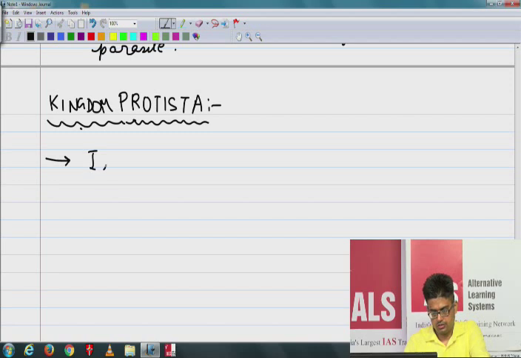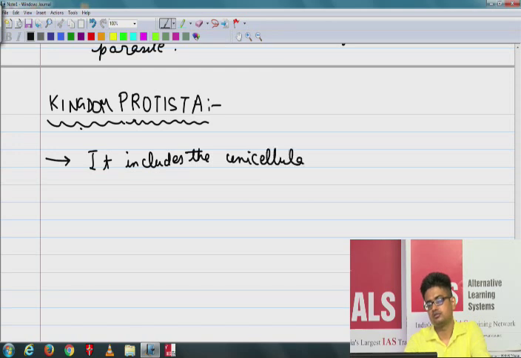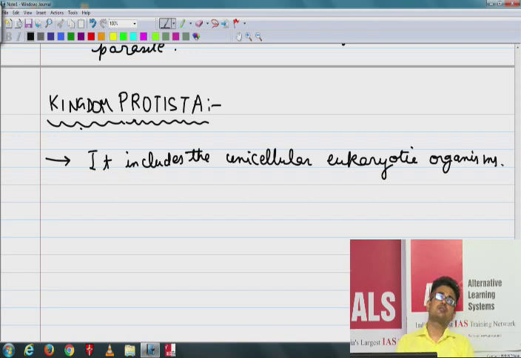Also, there is a problem with this kingdom. This kingdom includes organisms that might have been kept in kingdom Fungi, kingdom Animalia, or kingdom Plantae.